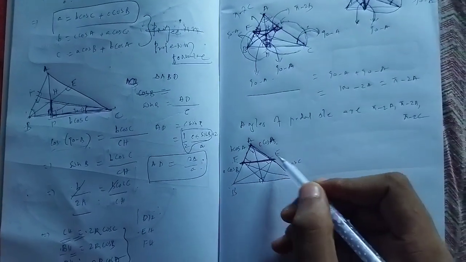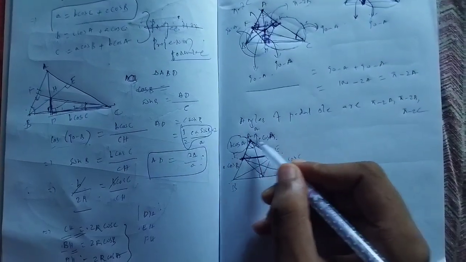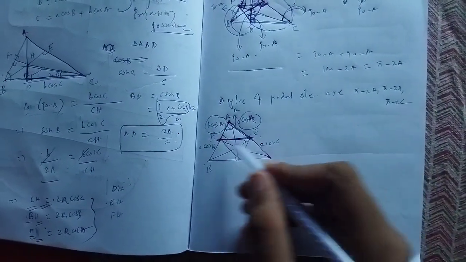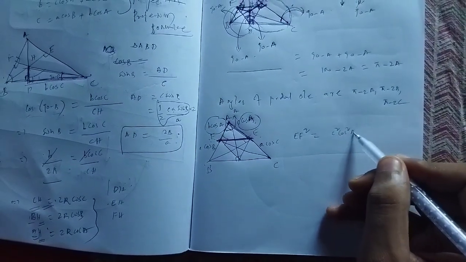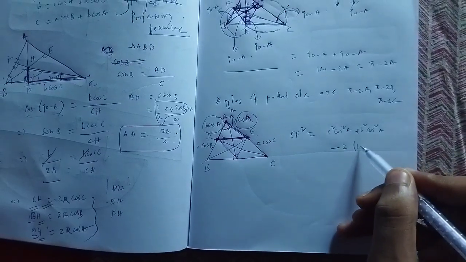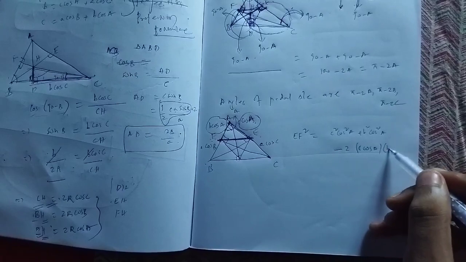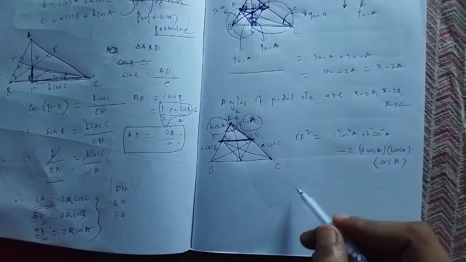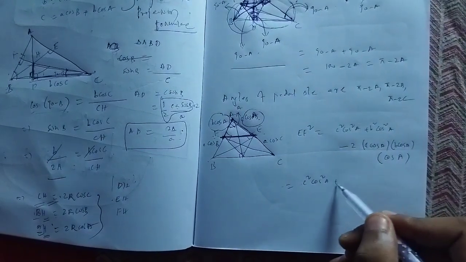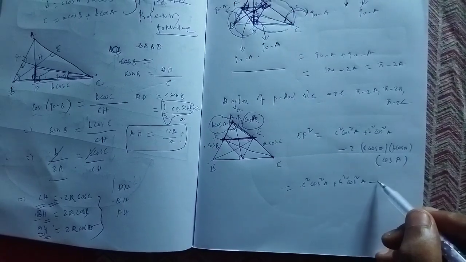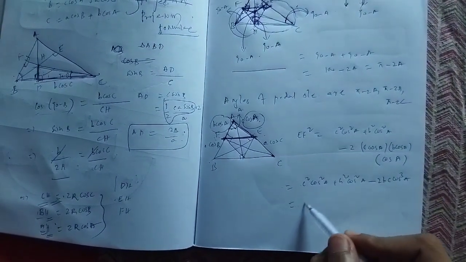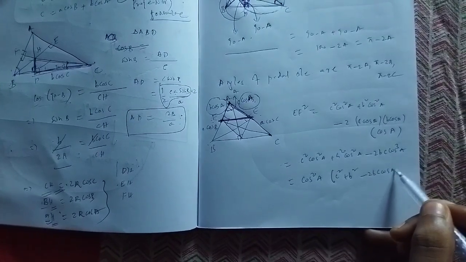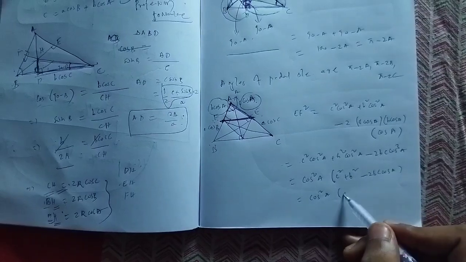Considering this triangle AFE, this angle is A and the sides corresponding to this angle are B cos A and C cos A. By the cosine rule, EF square equals C square cos square A plus B square cos square A minus 2 into C cos A into B cos A, that is, minus 2BC cos cube A. If we take cos square A as common, B square plus C square minus 2BC cos A. So it will be cos square A into A square.